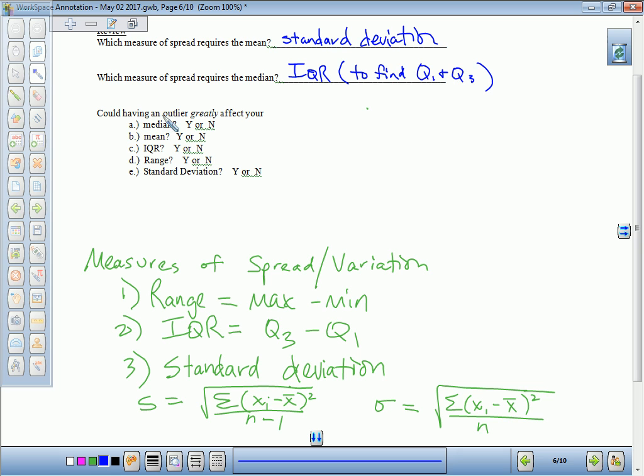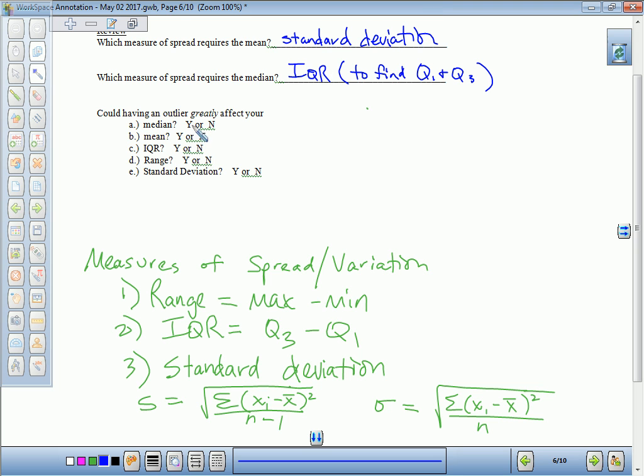Okay, so could having an outlier greatly affect your median? Well, the IQR only focuses on that 50% in the middle. It doesn't look at the ends. Where do the outliers live? At the ends. So the IQR is not affected by the outliers.